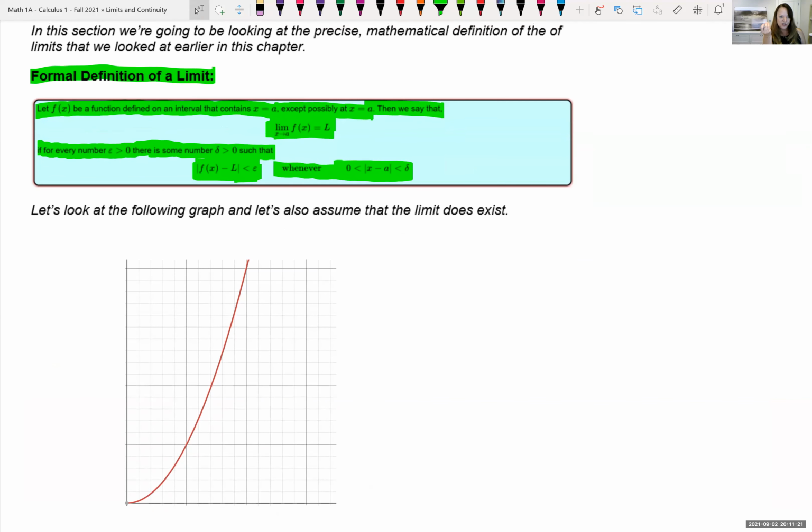We're looking at some x value a, so let's put a on this graph, say this is the value of a in here. If I go up onto my graph, as I get closer and closer to a, the value I'm hitting on the graph is my y value of L.